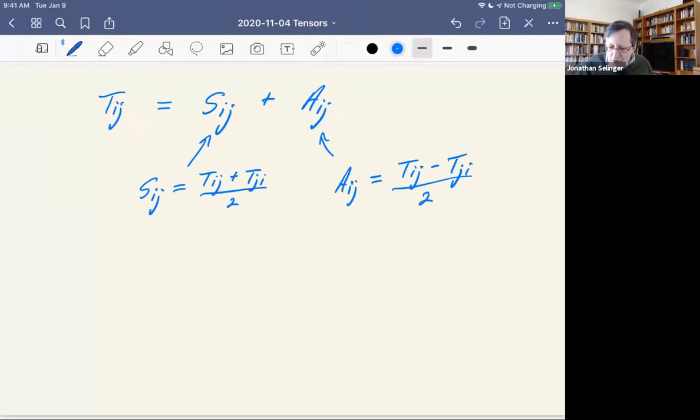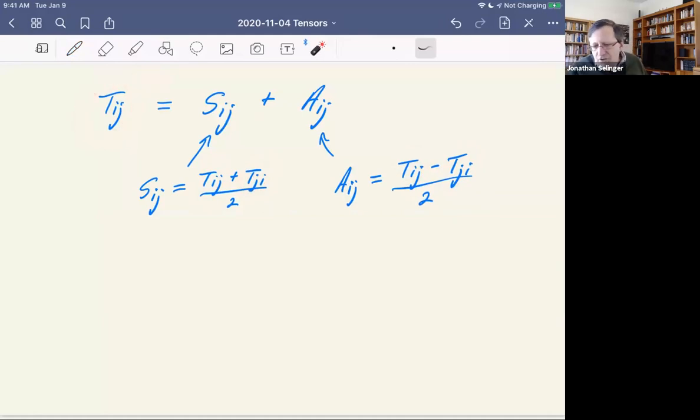If you add those two things together, the Tij pieces add up: you have a half Tij plus a half Tij, that makes Tij. And the Tji pieces cancel. So you just get Tij.